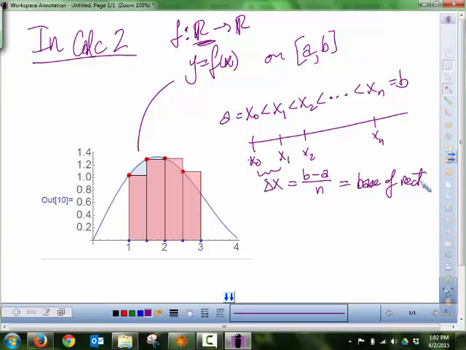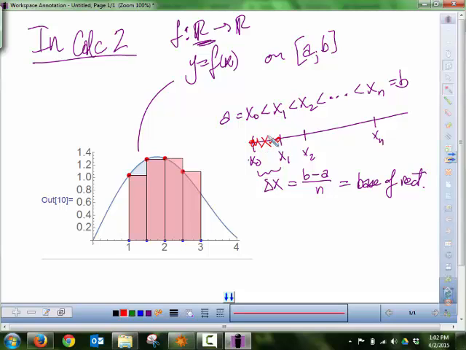And then now comes the question of the height of the rectangles, and it turns out that within each subinterval you're free to choose what you want your height to be. You can choose the left endpoint or the right endpoint, and hence we have those left and right endpoint methods, and you can choose a midpoint, but you can be as random as you want.